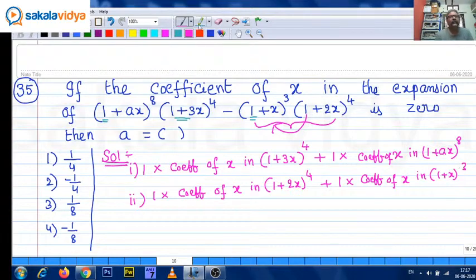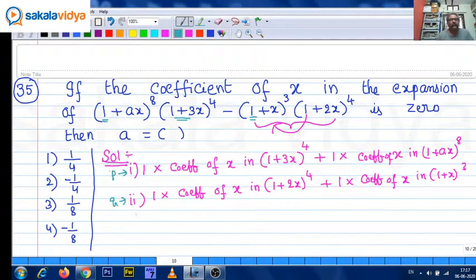Say this value will be p, say this value will be q. We need to find p minus q equal to 0, or p equal to q also we can equate it. Understood now?